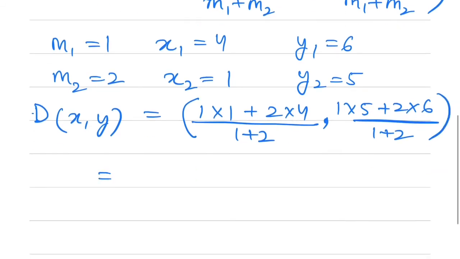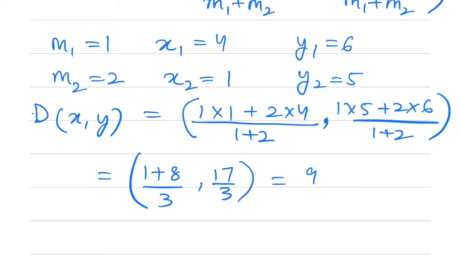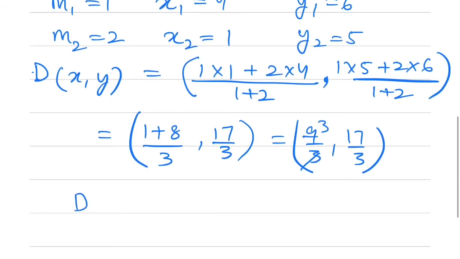So these are equal to (1 plus 8) divided by 3, and we have here 12 and 5, 17 by 3. So this is equal to 9 by 3 and 17 by 3. This goes by 3 times. So coordinates of D are 3 and 17 by 3.